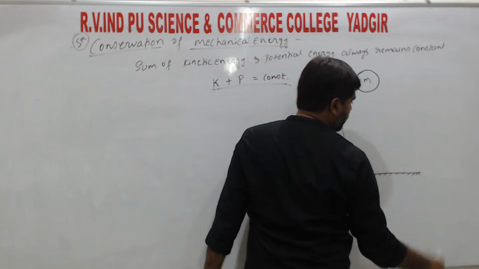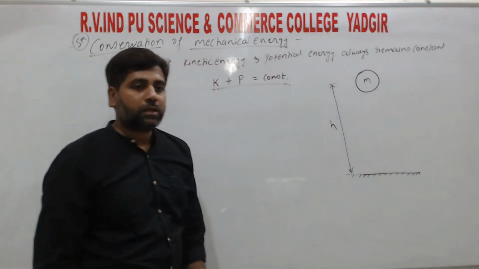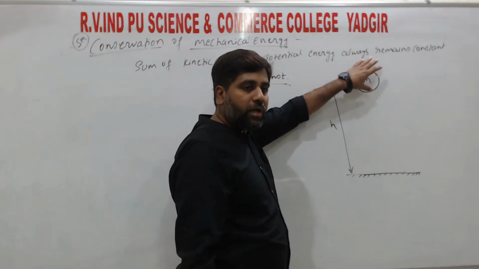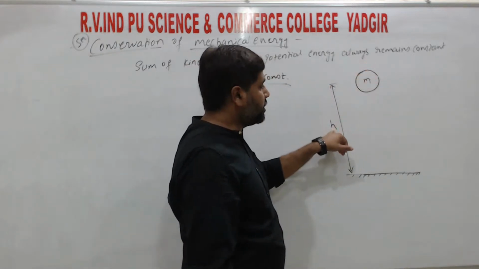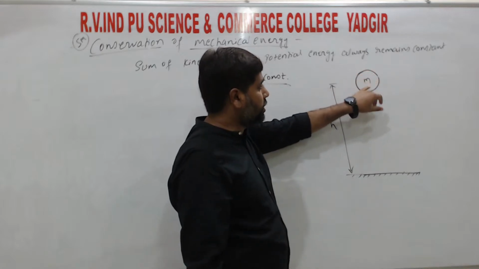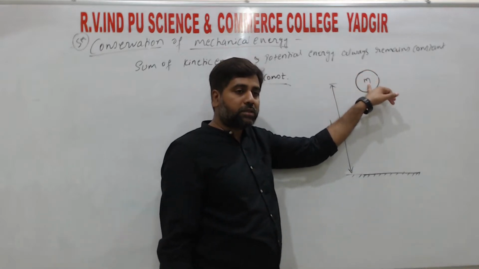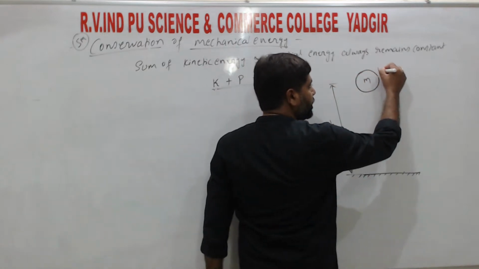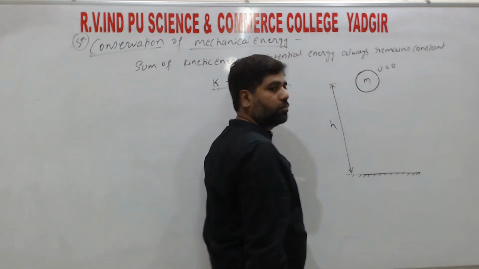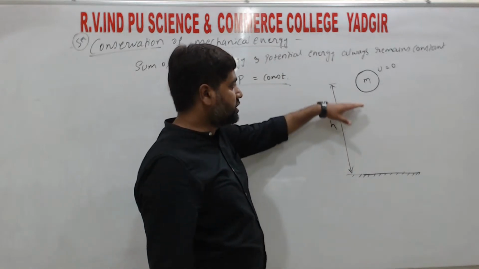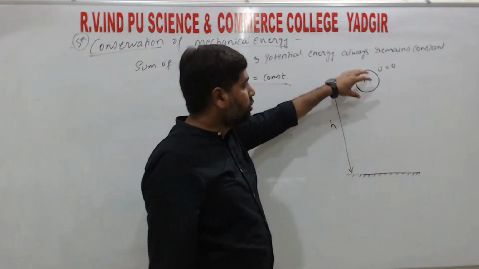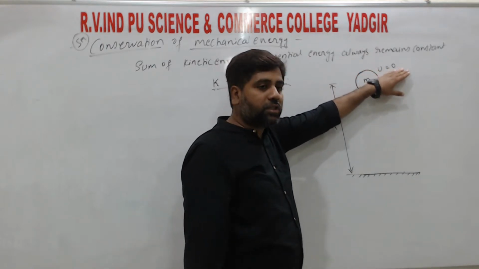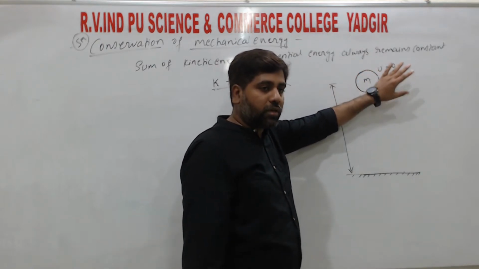So this is the ground. We have considered an object having mass m initially at a certain height h. Initially the object is at rest, that means its initial velocity u is 0, right?